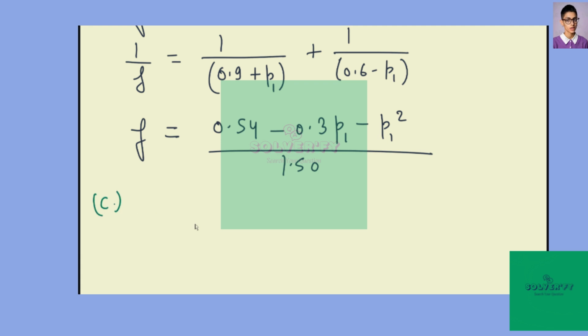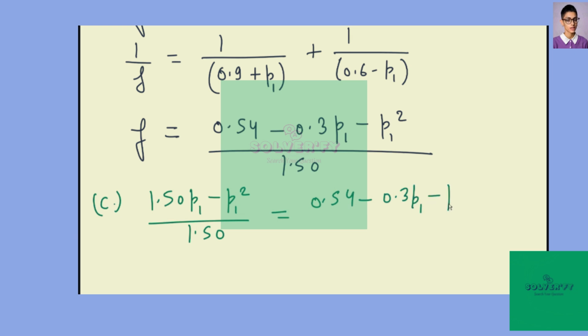So here from the above cases, the object distance in the initial situation can be calculated as 1.50 P1 minus P1 square divided by 1.50 equals 0.54 minus 0.3 P1 minus P1 square divided by 1.50.